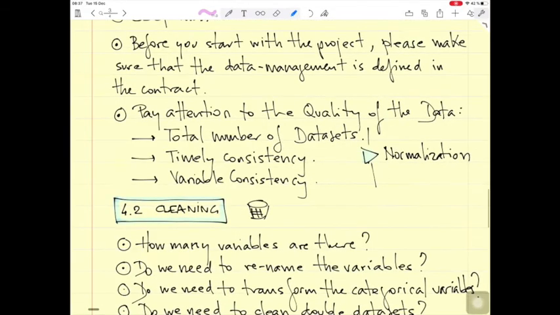In the cleaning, we are going to be also asking about the quality, but also asking about the format.